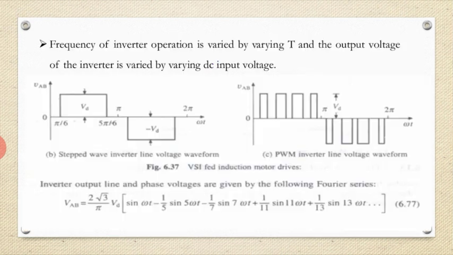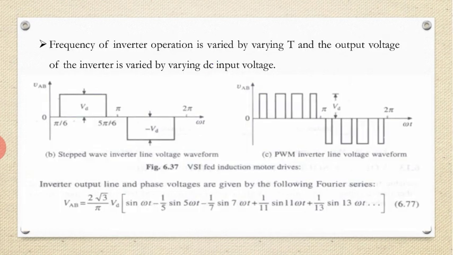Now here are the resultant voltage waveforms. The frequency of inverter operation is varied by varying T. By varying the time period, we obtain the frequency variation, and the output voltage of the inverter is varied by varying the DC input voltage.